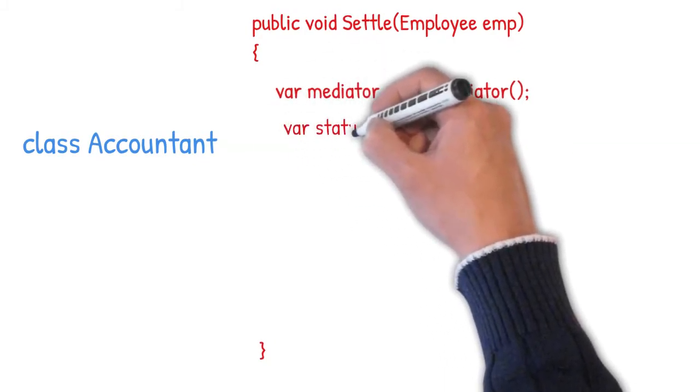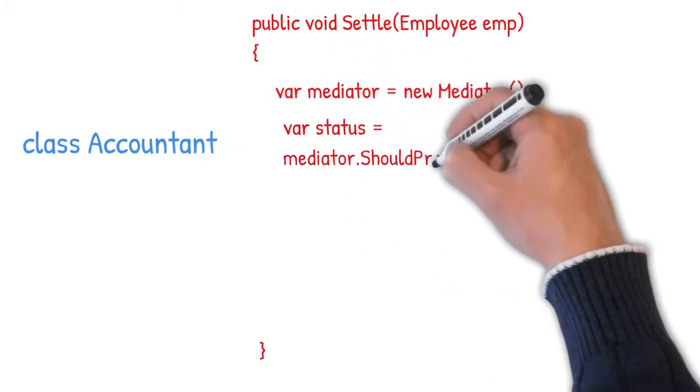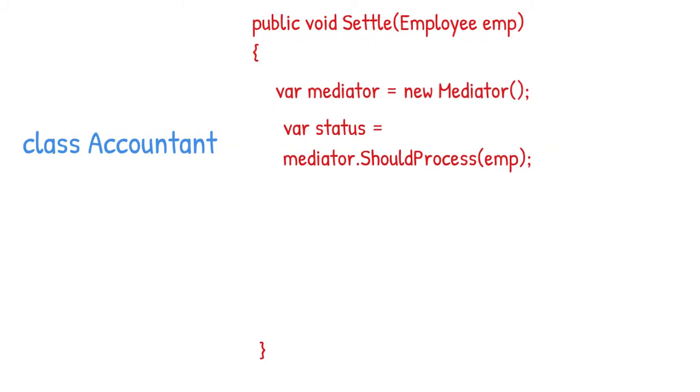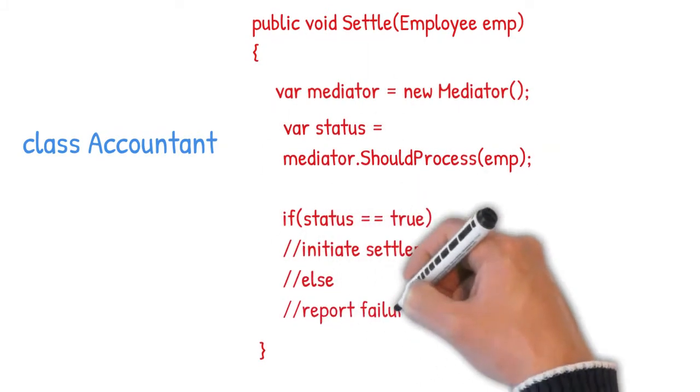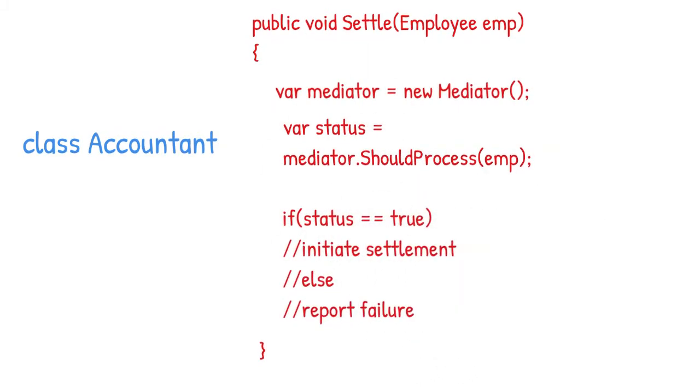Now instead of that, the accountant will directly consume the mediator and the mediator will internally take care of communicating with HR and manager. Well, this is the beauty of the mediator pattern. You don't have to worry about with whom you have to communicate and how to communicate. The mediator pattern takes care of everything.